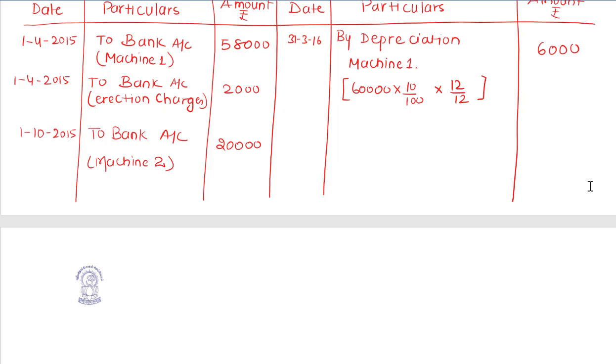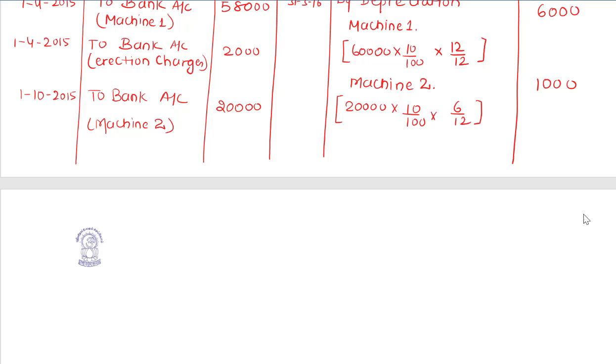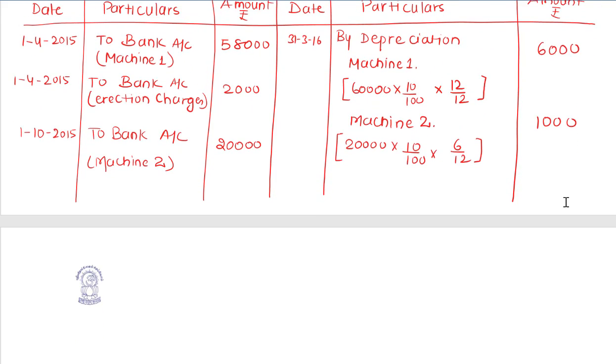So we need to also calculate depreciation on this value. Machine 2, 20,000, 10%, 6 by 12, which is 1,000. I believe it is clear. Now let us find out the closing figure.